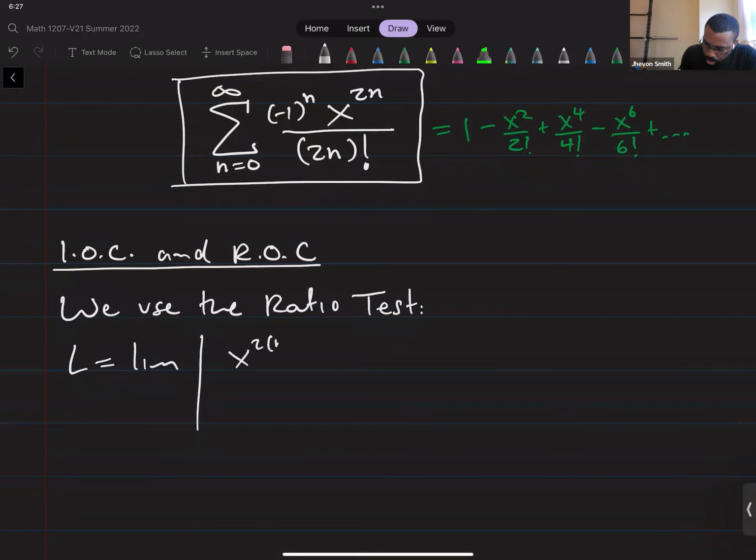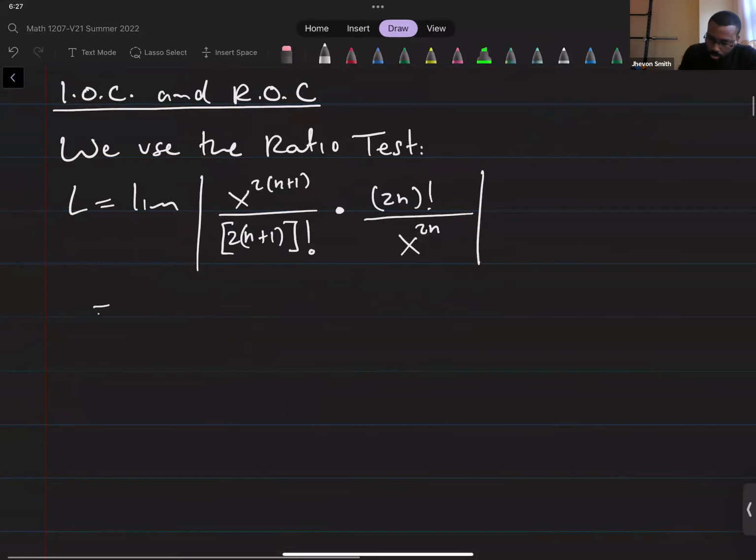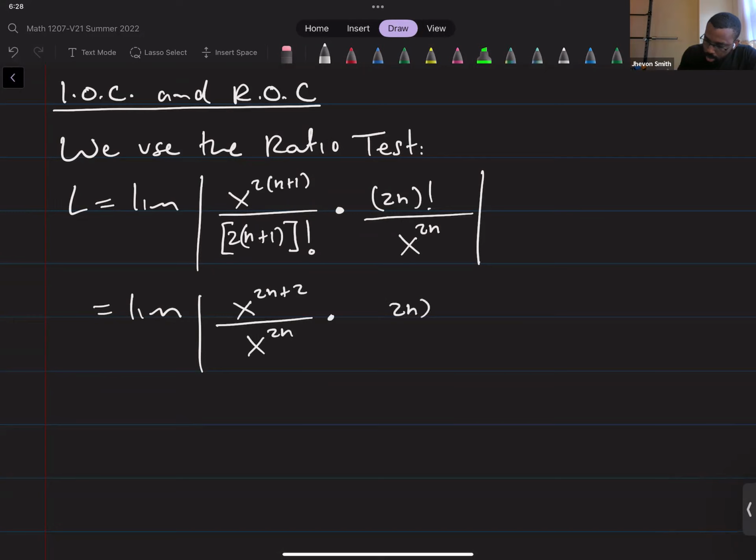So it's x to the 2 times n plus 1 over 2 times n plus 1 factorial times the reciprocal. We can group these. So this is x to the 2n plus 2 over x to the 2n, times 2n factorial over 2n plus 2 factorial.